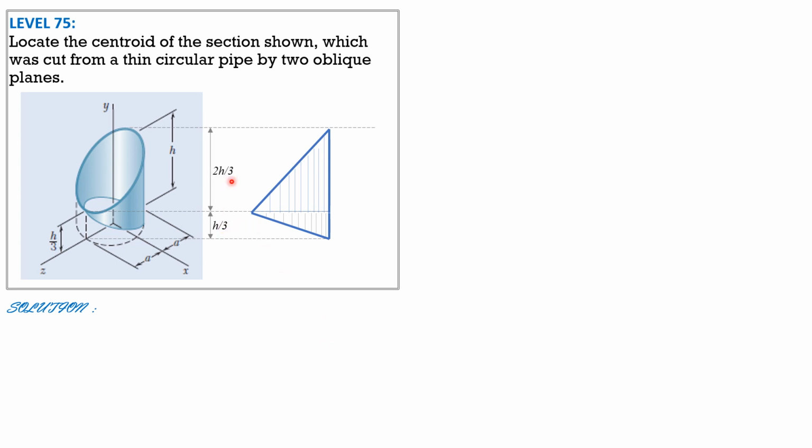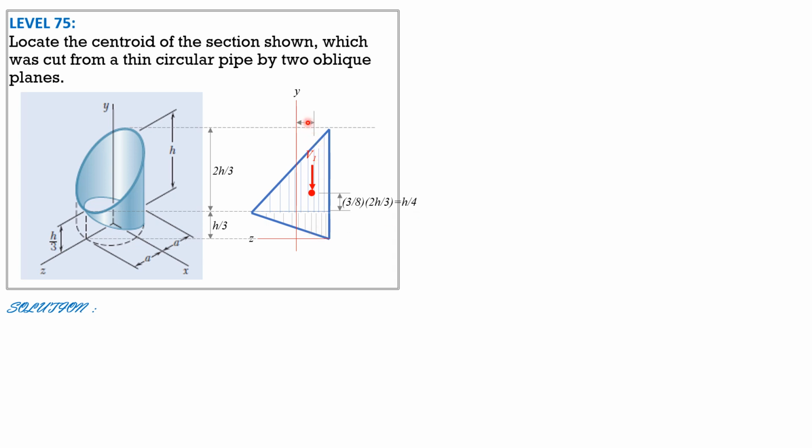So this is h over 3, 2/3 of h as given in the figure. The radius is a, this is the y-axis, this is the z-axis. For the location of the centroid, this is 3/8 of 2/3 h. Let's call that V1. Remember, this is 3/8 of 2/3 h of the height. So this is h over 4.